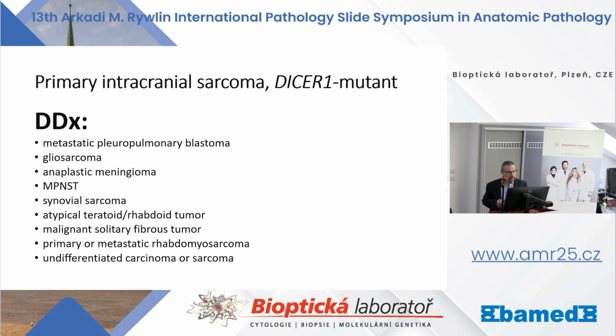Anaplastic meningioma, MPNST. Sometimes these tumors show a more monotonous appearance, like synovial sarcoma, like atypical teratoid rhabdoid tumor, malignant solitary fibrous tumor, and of course primary or metastatic rhabdomyosarcoma or undifferentiated carcinomas or sarcomas.